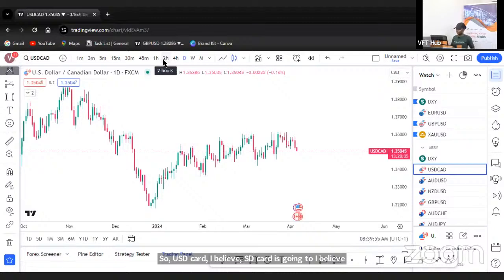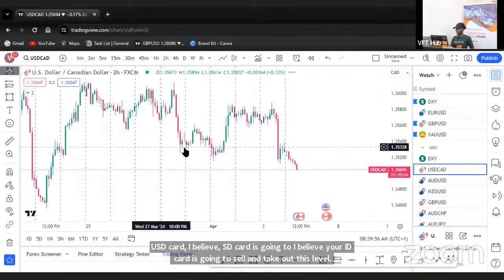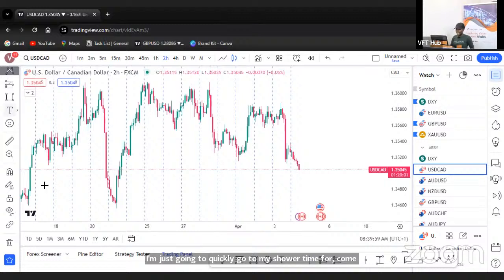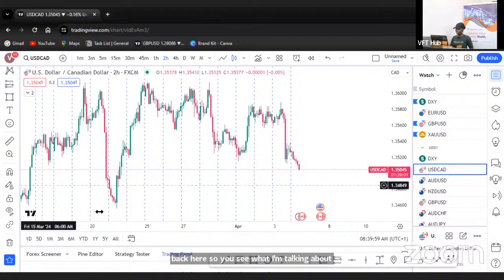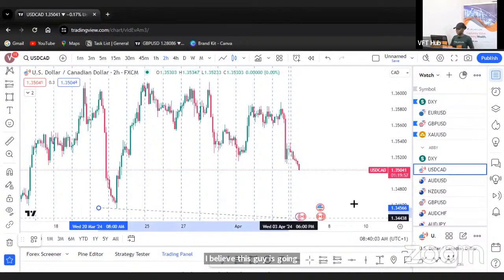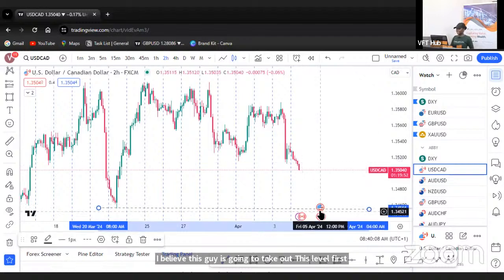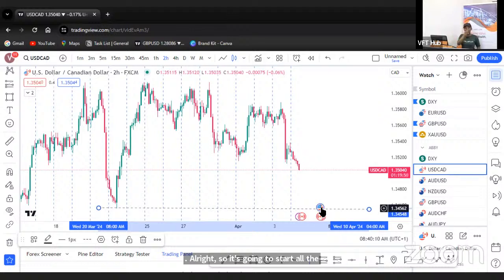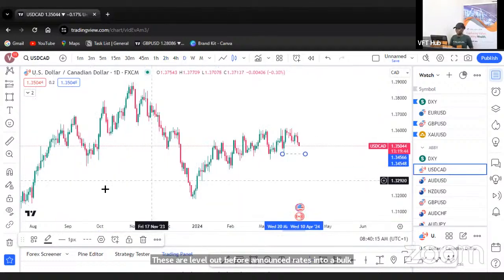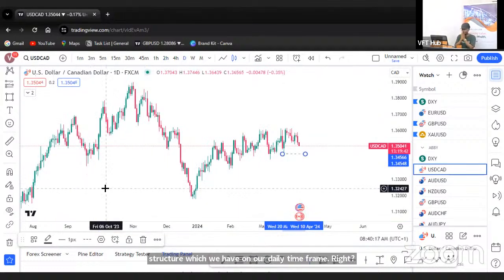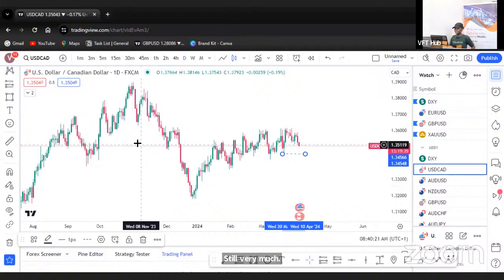I'm just going to quickly go to my 2-hour time frame before we come back here so you see what I'm talking about. I believe this guy is going to take out this level first, right? So he's going to sell all the way, take this level out before it now trades into a box structure, which we have on our daily time frame, right? It's still very much in play.